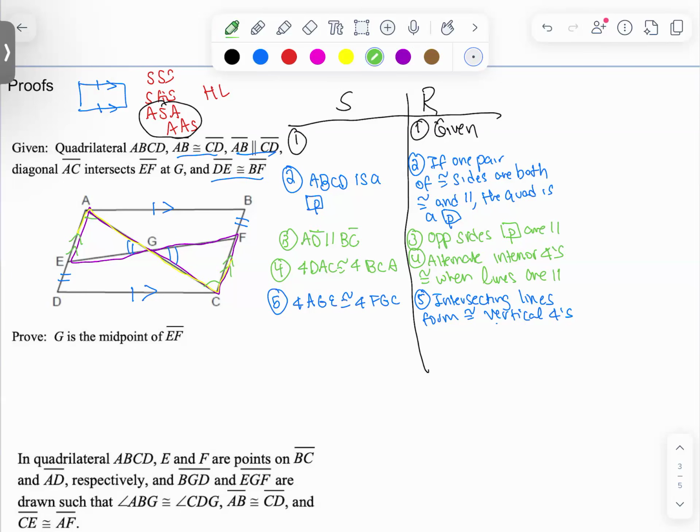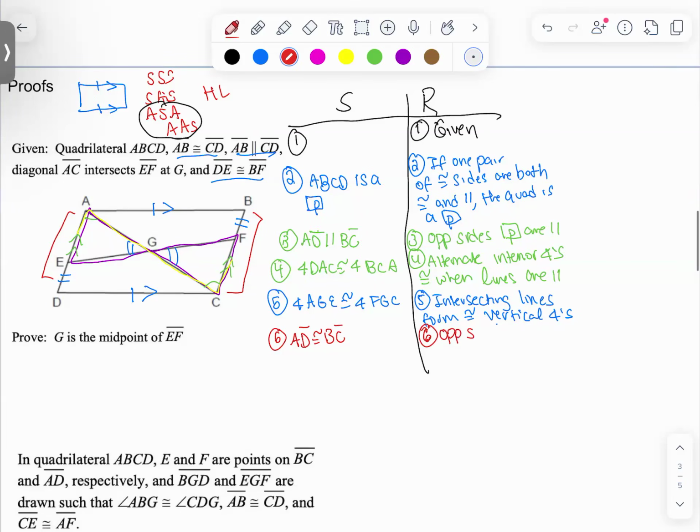And since we do have a parallelogram, not only are opposite sides AD and BC parallel, but AD and BC are also congruent. So what we can do is if we start with AD and we subtract off DE, we get rid of DE, we'll be left over with AE, which is a side of the triangle that we want.